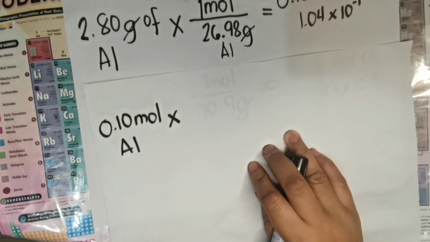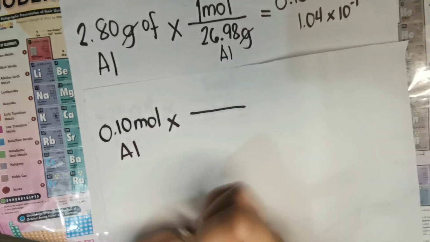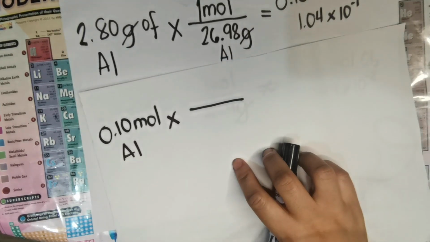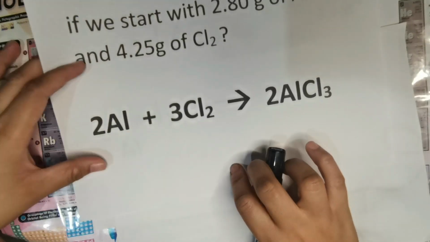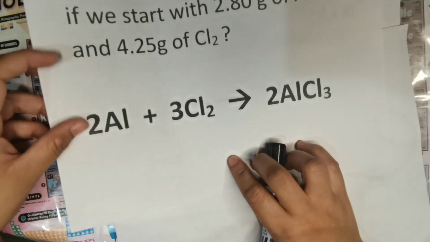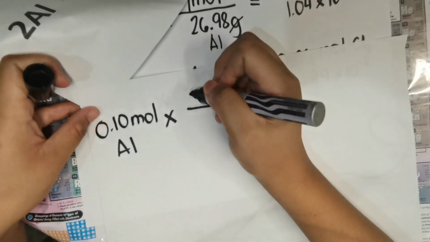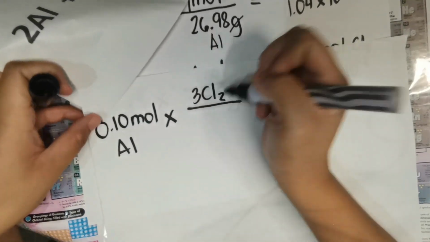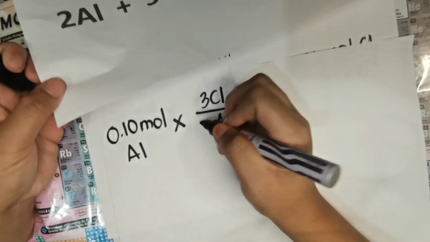So, from this, conversion factor tayo. So, sa taas, kukunin natin yung number of coefficient sa balance equation ni chlorine gas kasi hanapin natin kung ilan yung magiging reaction na makukuha natin. So we have 3. So sa ibabaw natin si 3 which is yun yung ating ini-aim para makuha natin. We have 3 chlorine at sa baba ay si aluminum. And what is the coefficient of aluminum? We have 2.